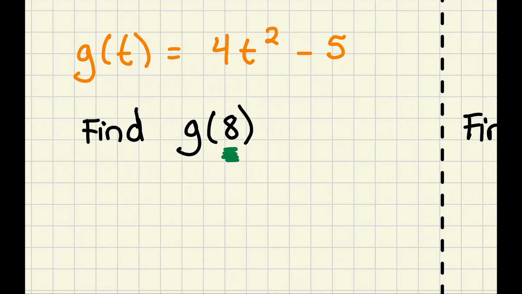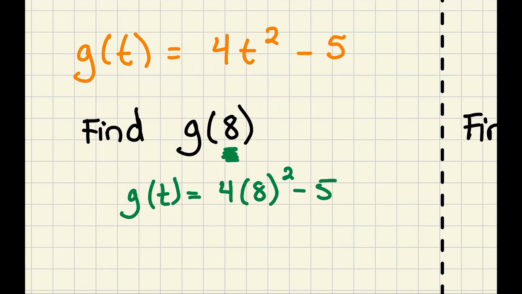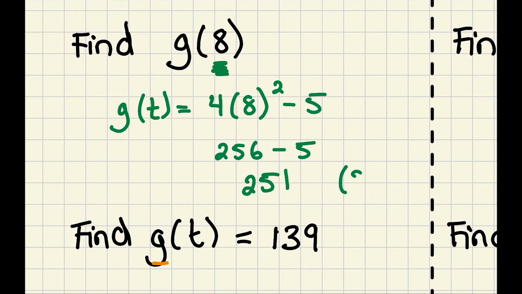So I would take g of t and replace my t with 8, like this. Very easily you can do this calculation. In this case, you would get 256 minus 5, which is equal to 251. So once again, now you know that when t is 8, y is 251.